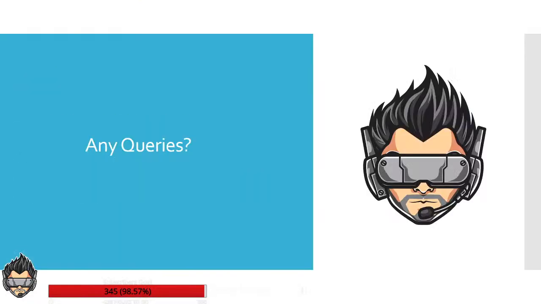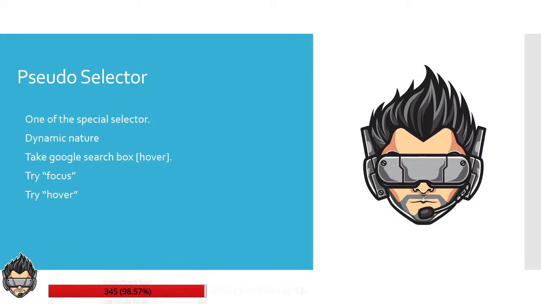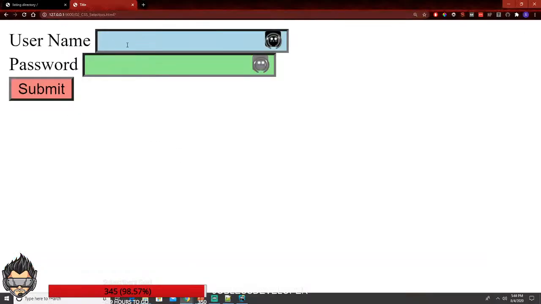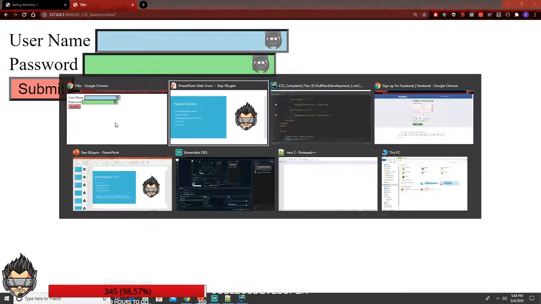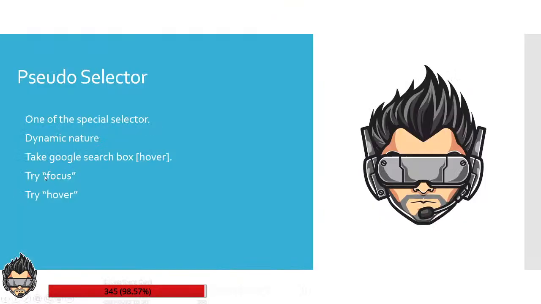Then comes a selector called a pseudo selector. So how do you apply a pseudo selector? What I'm saying is that this is input type equals to text. How can you apply this? Whenever I click on this, I write something, right? So the first operation I'm doing with my mouse is clicking on it. Only if I click on it, I want some operations to happen. For that, there is something called focus.